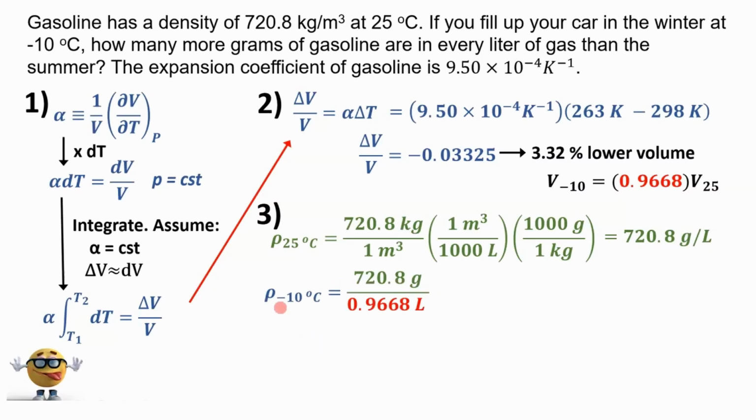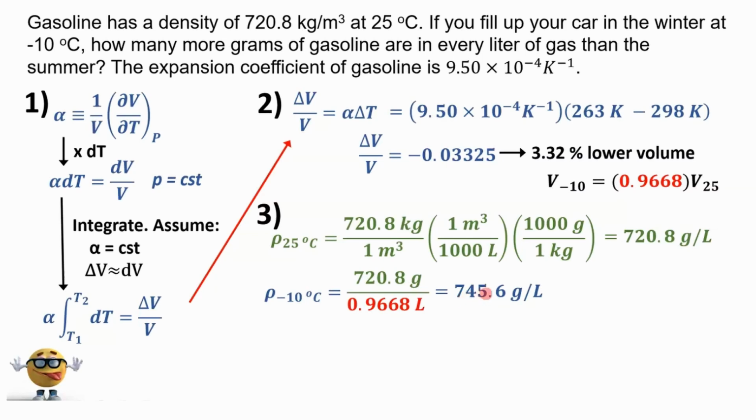So to get the density at negative 10 degrees Celsius, we take the density at 25 degrees Celsius and make sure it's 3.32% larger. Since the volume is smaller by this percent, the density has to be 3.32% greater. So we take this number divided by the 0.9668 to make our density 3.32% larger. So that would be 745.6 grams per liter.